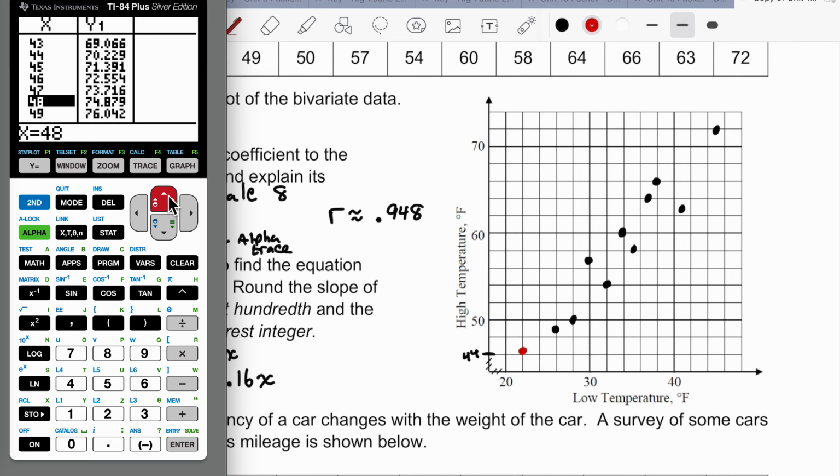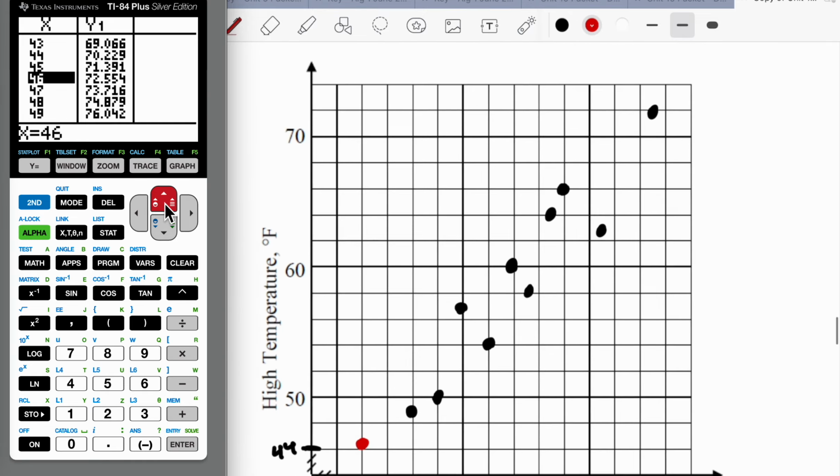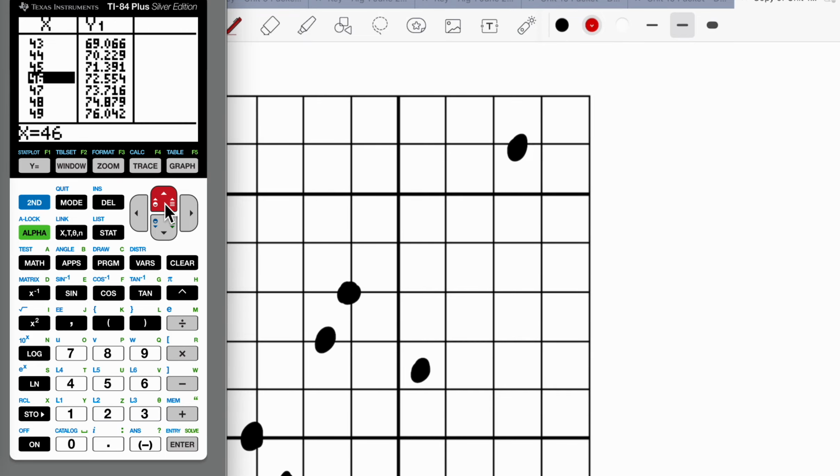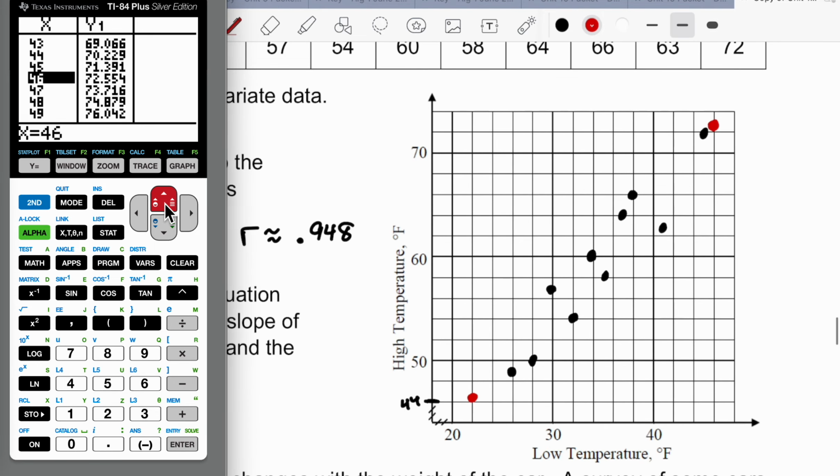So at 47, I like 46 a little bit better. 46 gives me 72 and change. So that's going to put me right about here. And then I can connect, and that gives the trend line.